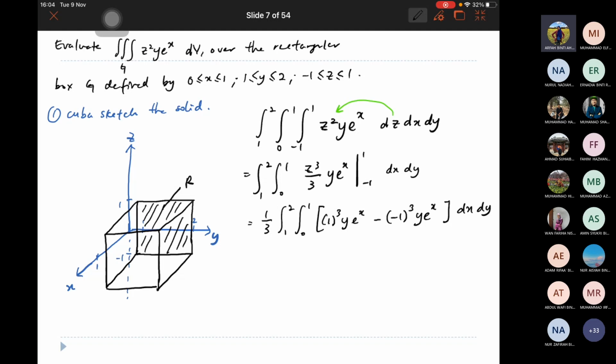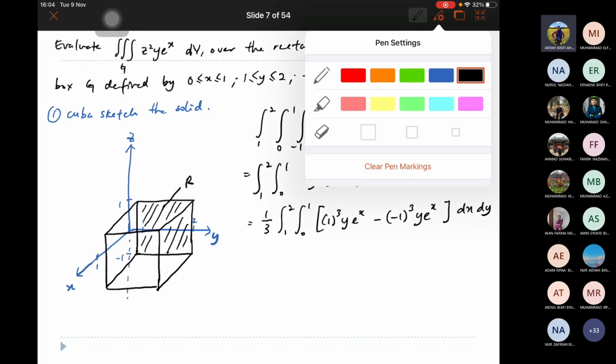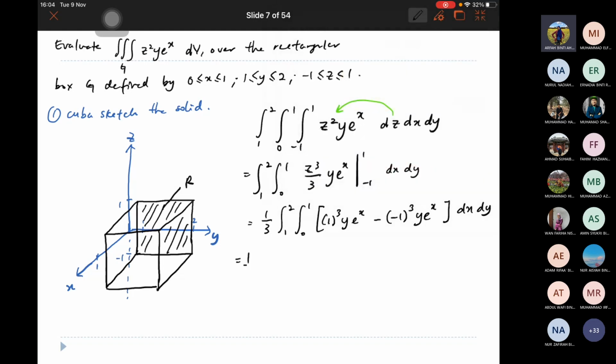Z kuasa 2. Dapat Z kuasa, betul? Z kuasa 3. Okay. So, this one akan dapat sama dengan 1/3 integrate 1 sampai 2, 0 sampai 1. Y exponential x tambah y exponential x.